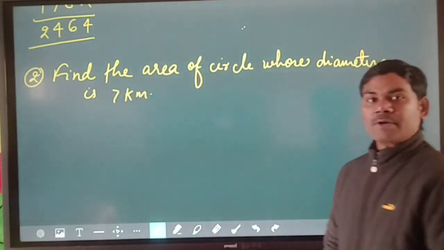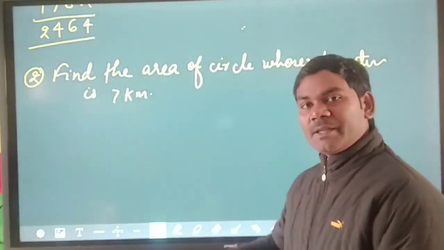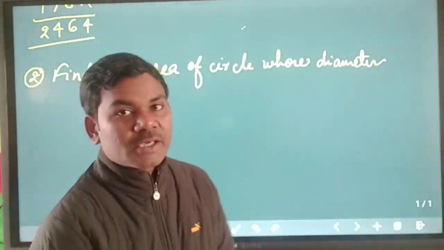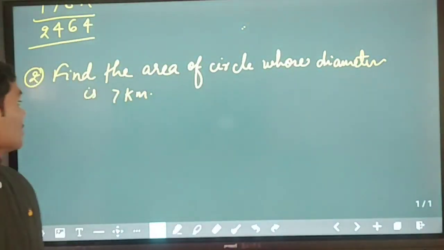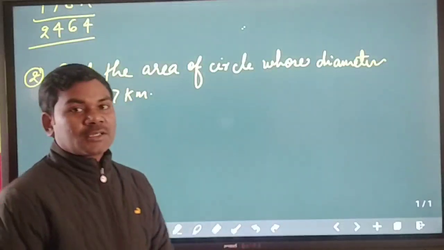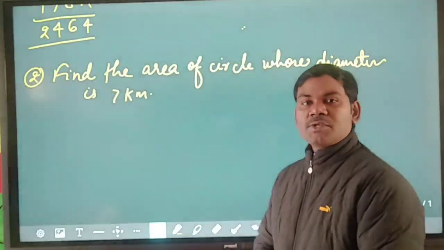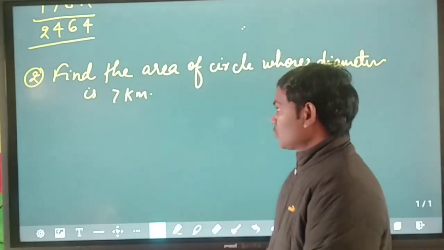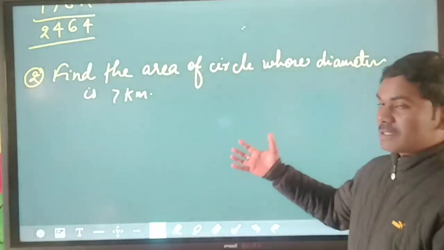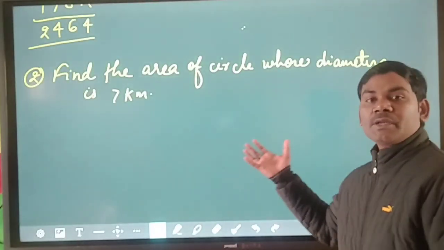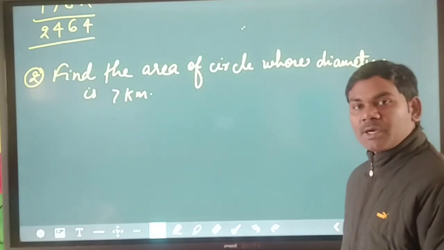This is your question 2. Since in this question the term radius is missing and a new term is used, which is the diameter, let's see what the relationship is between radius and diameter.